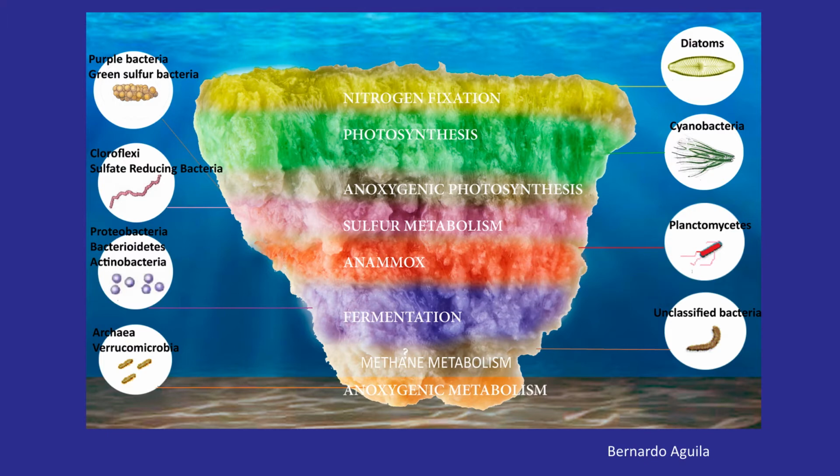If we take a closer look at their composition, we're going to find a wide range of bacteria, archaea, and viruses, mainly cyanobacteria and diatoms, purple and green sulfur bacteria, Chloroflexi, loads of Proteobacteria and Planctomycetes, and archaea.